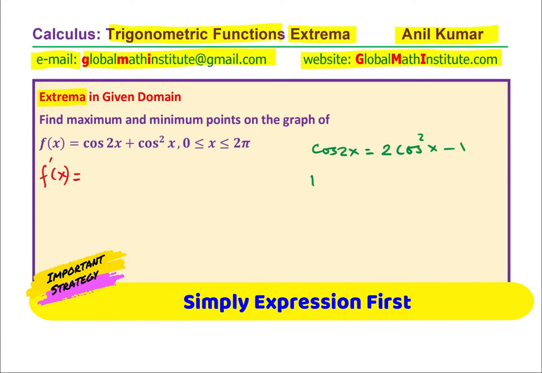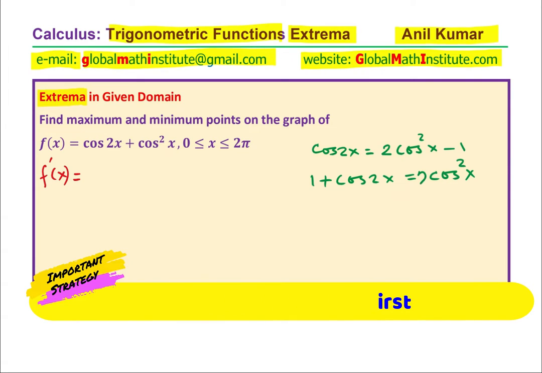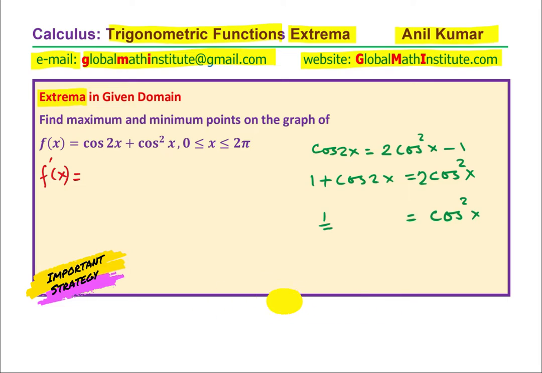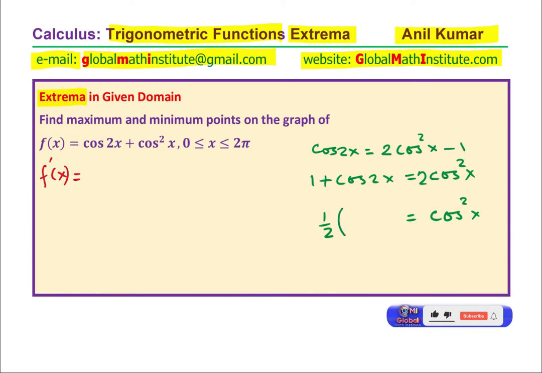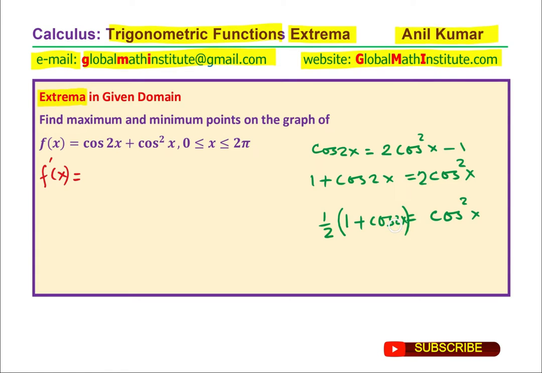We get 1 plus cos 2x equals 2 cos square x. Let's go one more step. So cos square x can be written as half of 1 plus cos 2x. Clear? So you see, cos square x is actually half of 1 plus cos 2x.